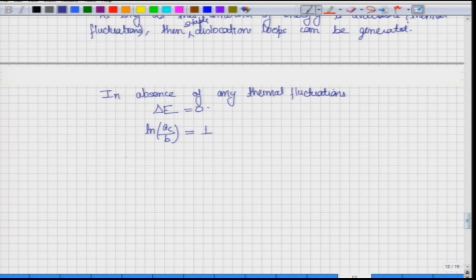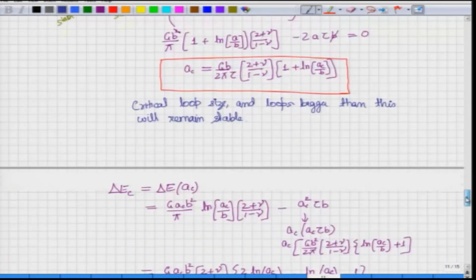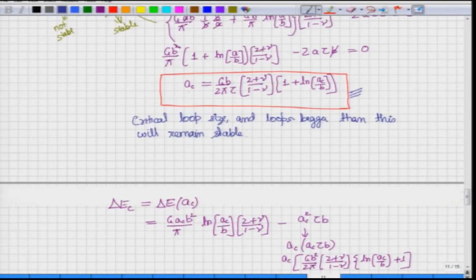So, this implies A critical is equal to 2.71 B. So, this is coming from this equation, just keep in mind this is the equation that we are using, which is A critical.